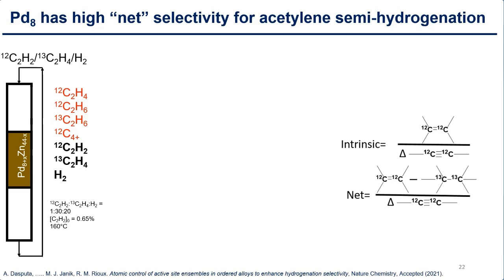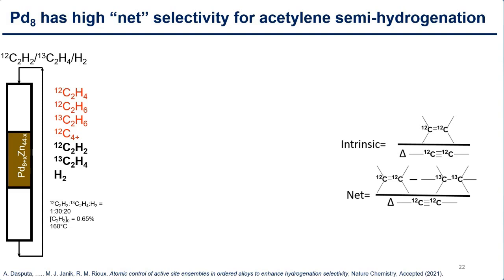So in this case, we define two types of selectivities. The first selectivity is the intrinsic selectivity. So for the acetylene that's fed to the reactor, what is its selectivity to ethylene? But because we feed ethylene into the reactor with an isotopic label, we will be able to distinguish between ethane that formed from fed ethylene versus ethane that forms from fed acetylene.